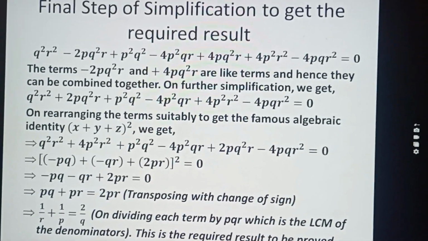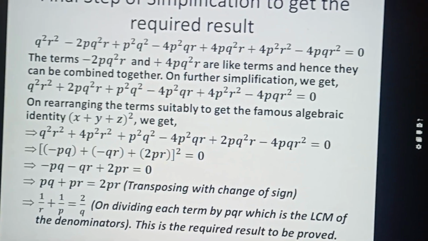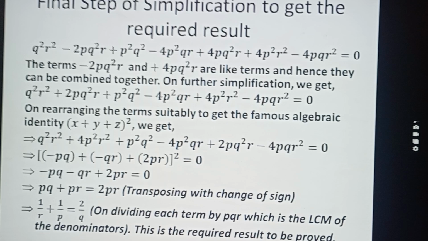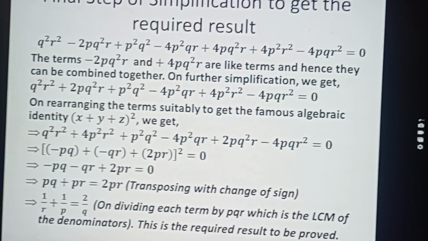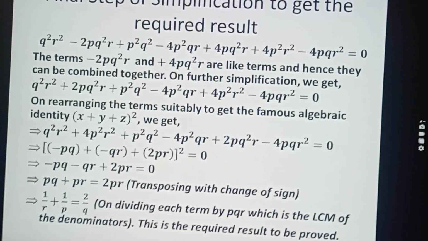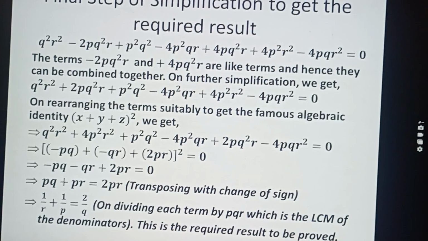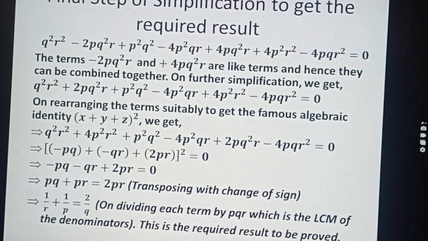It is reproduced here again. q squared r squared minus 2pq squared r plus p squared q squared minus 4p squared qr plus 4pq squared r plus 4p squared r squared minus 4pqr squared equal to 0.